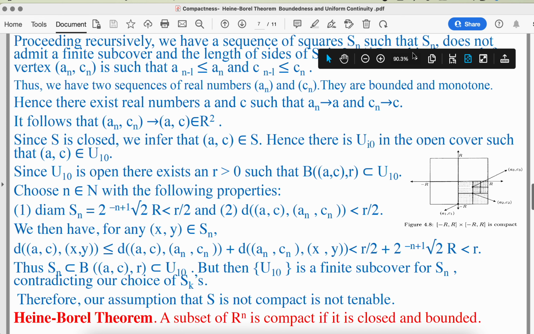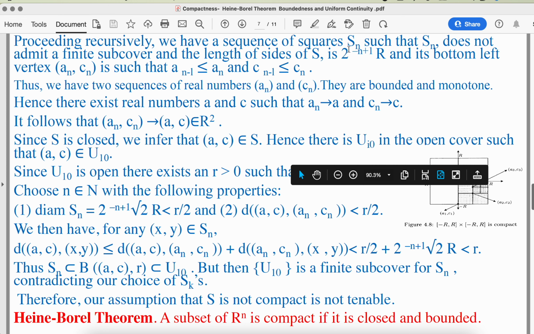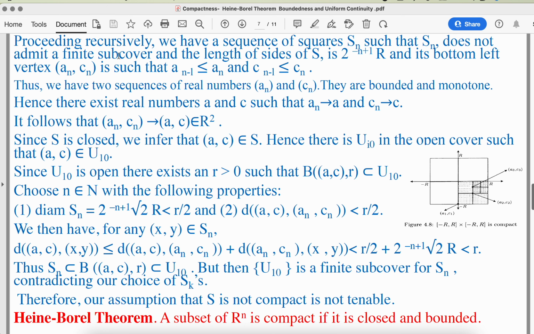Proceeding with these steps again and again, we have a sequence of squares Sn such that Sn does not admit a finite subcover, and the length of the side of Sn is 2 raised to power minus n plus 1 into R, and its bottom left vertex is An Cn, and it is such that An minus 1 is less than or equal to An, and Cn minus 1 is less than or equal to Cn.